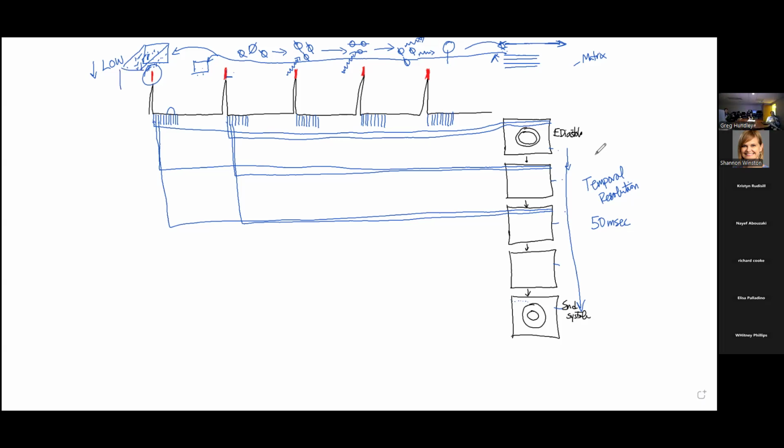So let's go back to, we were talking about up here, our voxels. Remember those guys? And we talked about spatial resolution, which we had our field of view, see our spatial resolution.